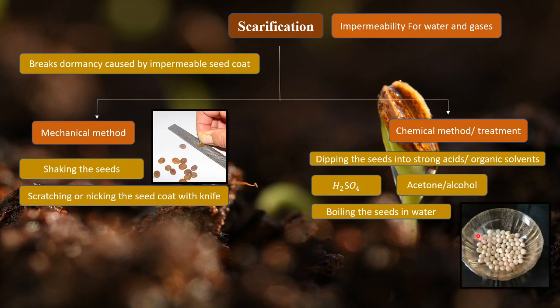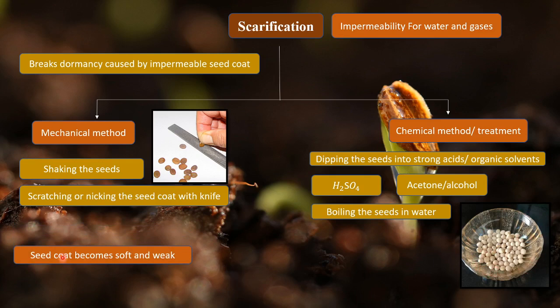So we often see at our homes also that sometimes we soak the seeds in water, or sometimes we boil the seed pulses, right? So this is also chemical scarification.